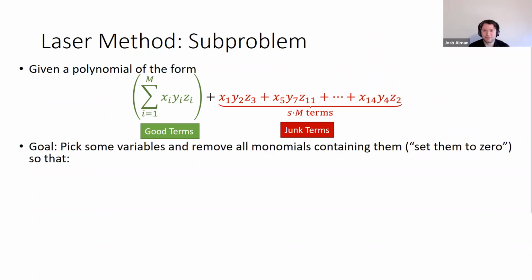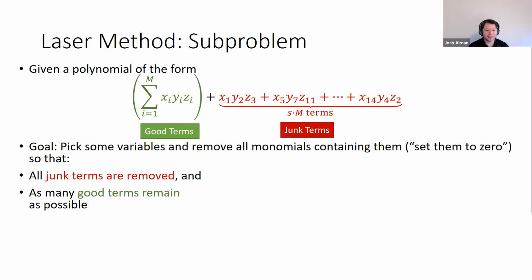And the goal in this subproblem is that we want to reduce from this polynomial to a single polynomial that only has good terms. So our goal is to pick some of the variables in this polynomial and remove all the monomials containing them, by setting them to 0, so that all the junk terms are removed. And we want to leave as many good terms at the end as possible.